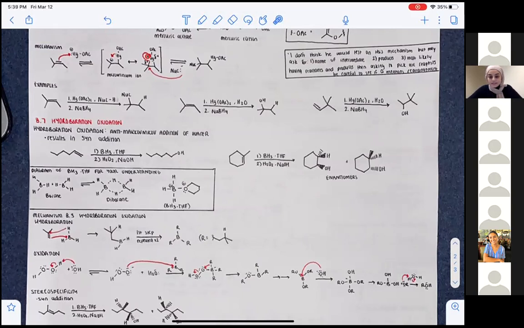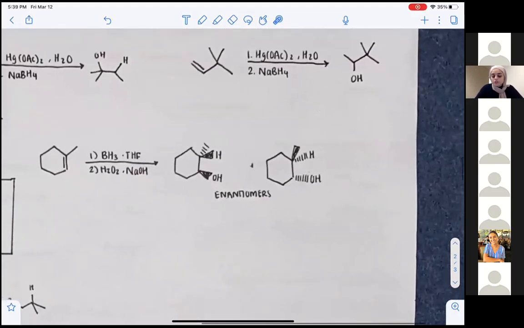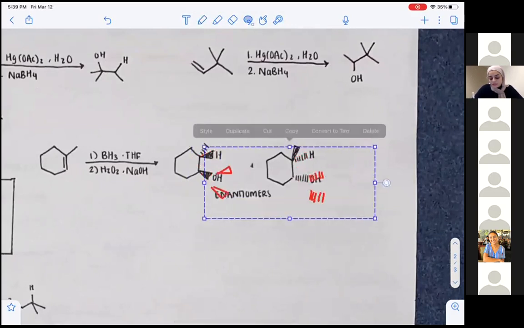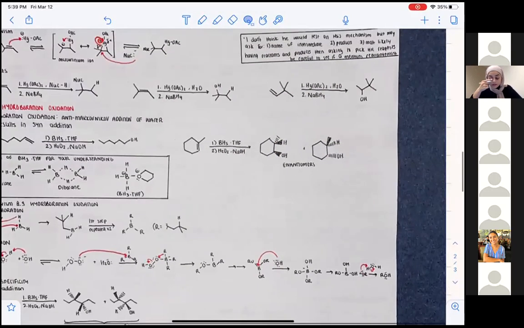So yeah, a lot of the things that we see are anti-addition, but over here, we're gonna have syn addition. So pretty much when we're adding the OH and the hydrogen, they're just gonna be both added on wedges, or they're both going to be added on dashes. So that's pretty much what syn and anti-addition are. I'll show another explanation.